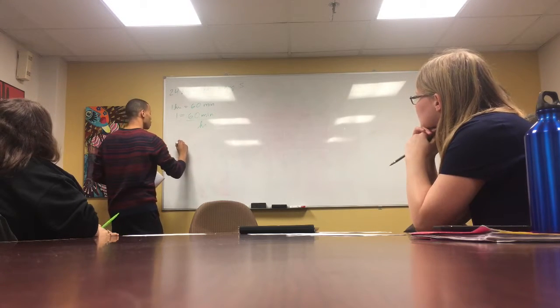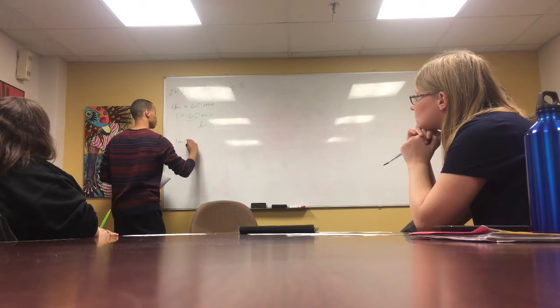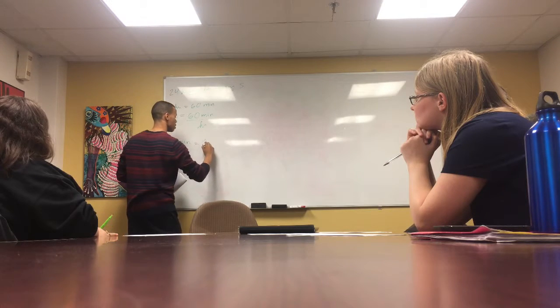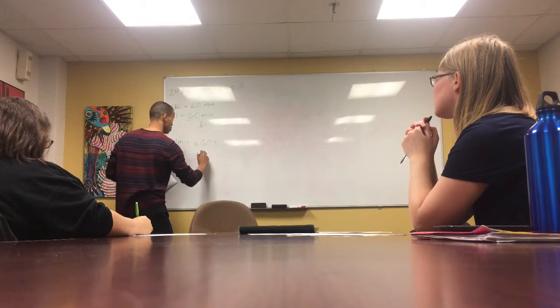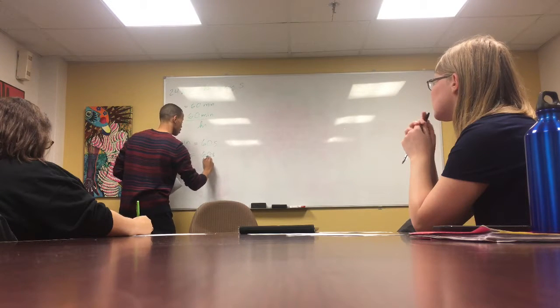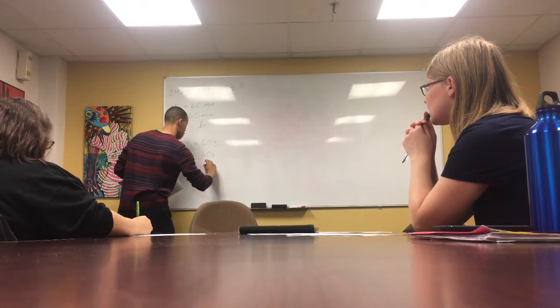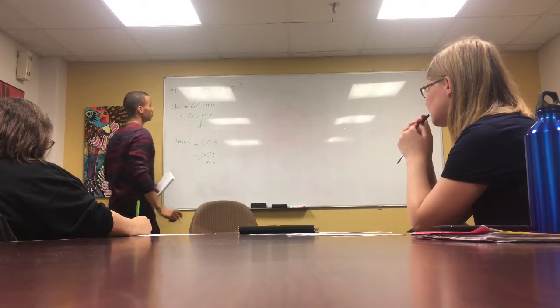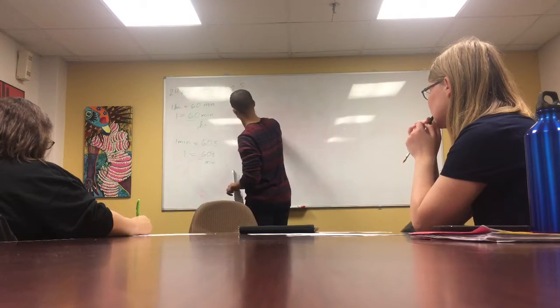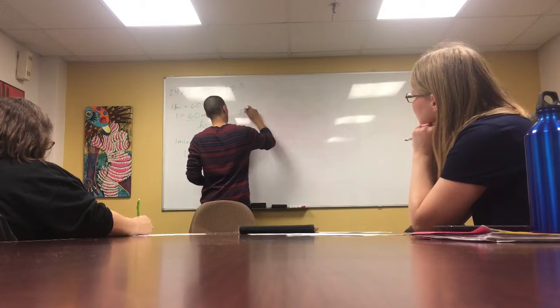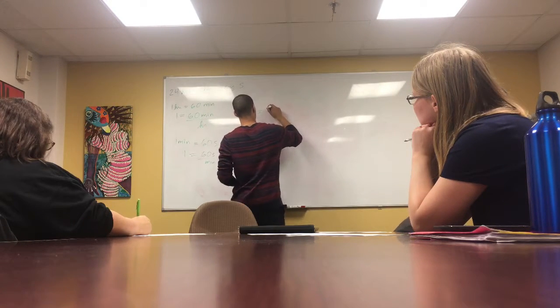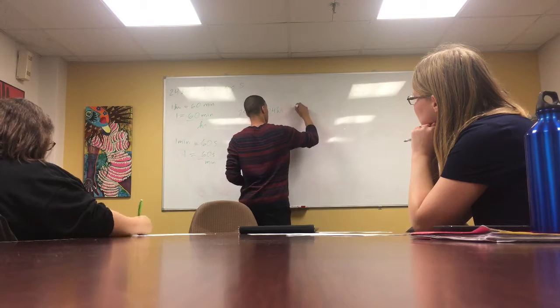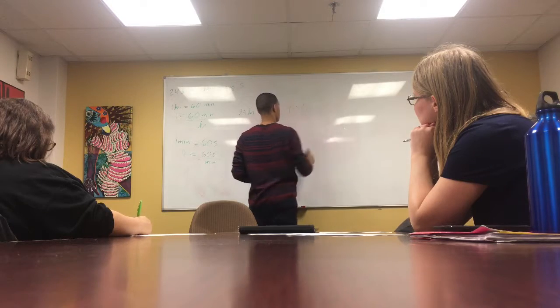So I know that 1 minute equals 60 seconds, and 1 is equal to 60 seconds divided by minutes. Then I have 24 hours. It's going to be equal to 24 hours times 1 times 1, right?